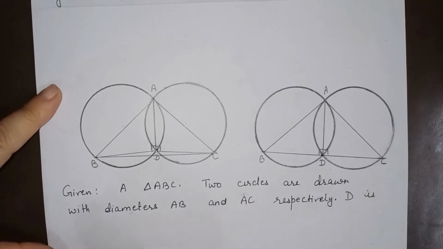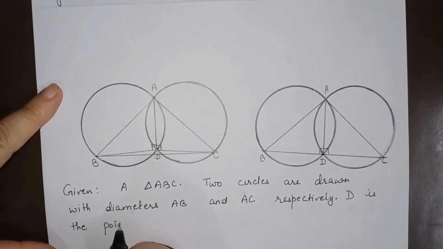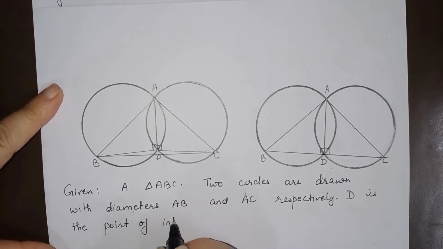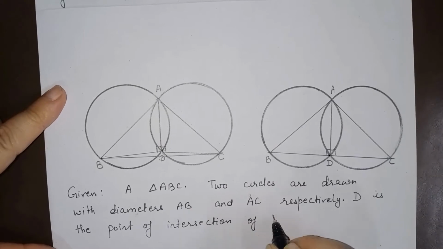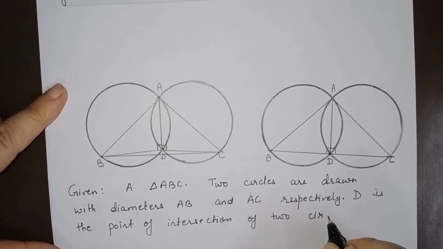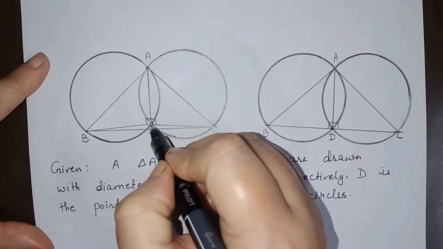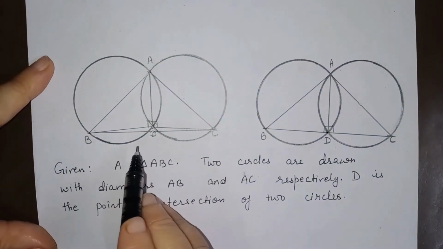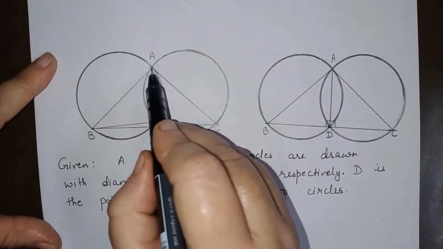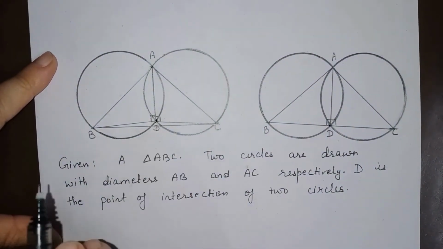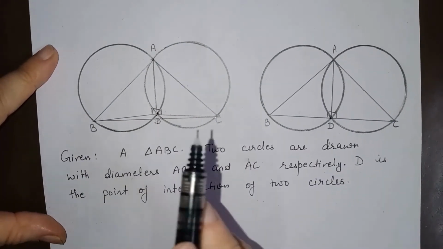D is the point of intersection of two circles. Actually, the circles are intersecting at two points, A and D. Now we have to see that this other point of intersection, one is A, and the other point of intersection, that is D, lies on the third side.